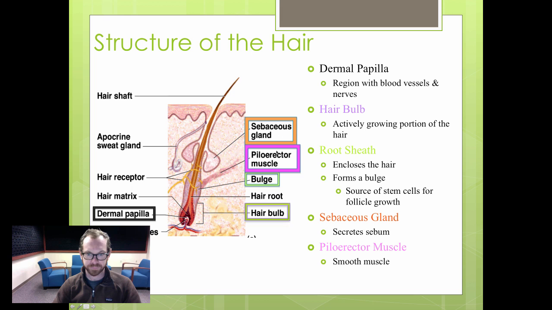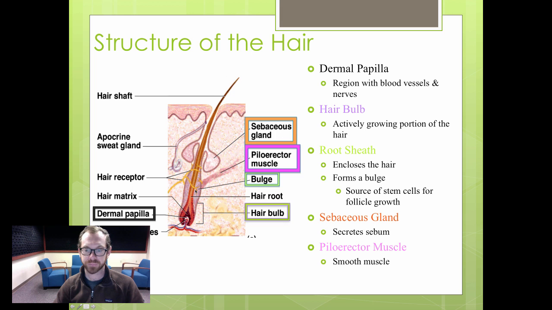Next we have the hair bulb, which is indicated down here in this green box. And this is the actively growing portion of the hair follicle. Next is our root sheath, which is right here, and it's called a bulge on this diagram because it does, in fact, form this bulge here.